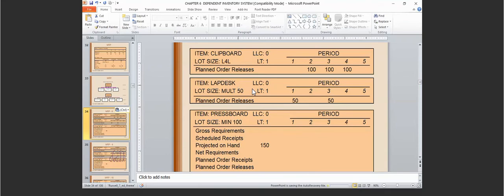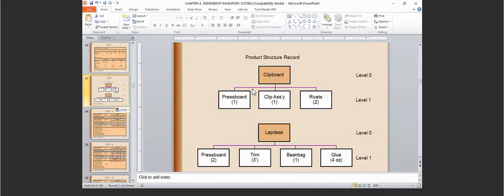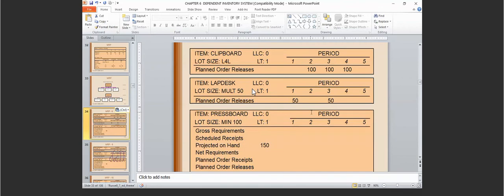Back to the product structure tree of the lab desk, we understand that the lab desk uses 2 units of Freshboard, so we need to multiply the planned order release of the lab desk by 2. So here we have 50 units multiplied by 2, so we have 100 units.